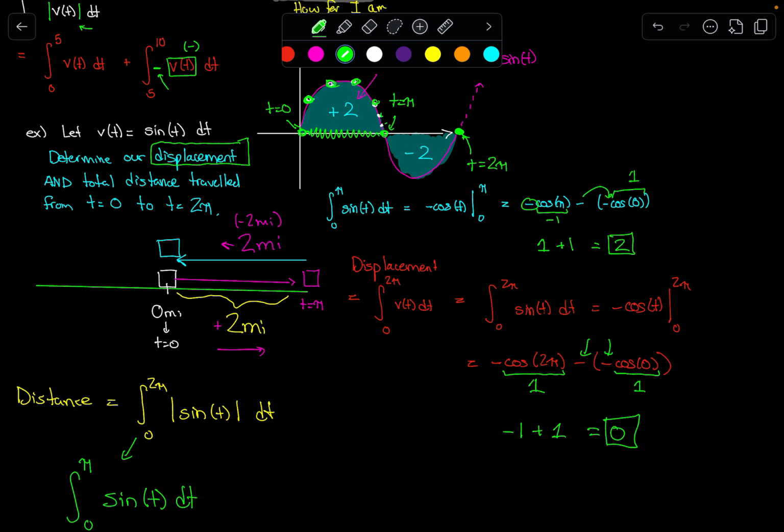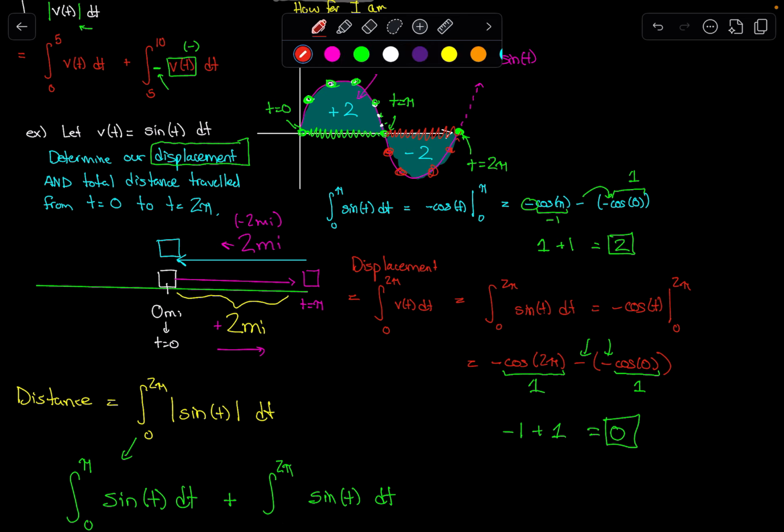Now, if we split up an integral like this, we would do an integral from 0 to 2 pi, but again, if I just write down sine of t dt, we're just going to get cancellation, because what do we know about the value of sine in this next interval over here? The value of sine is all going to be negative. I also messed up my interval here.